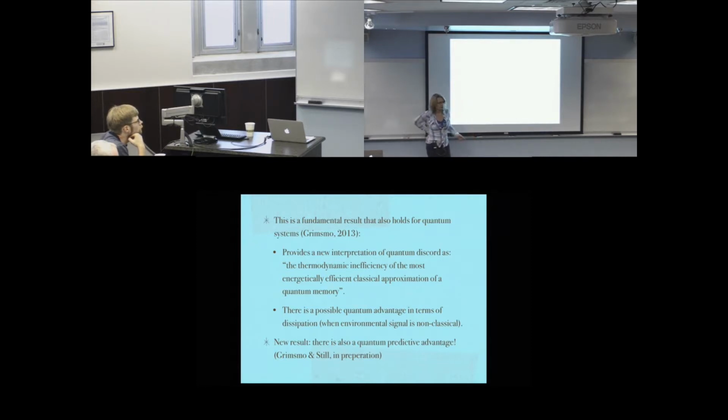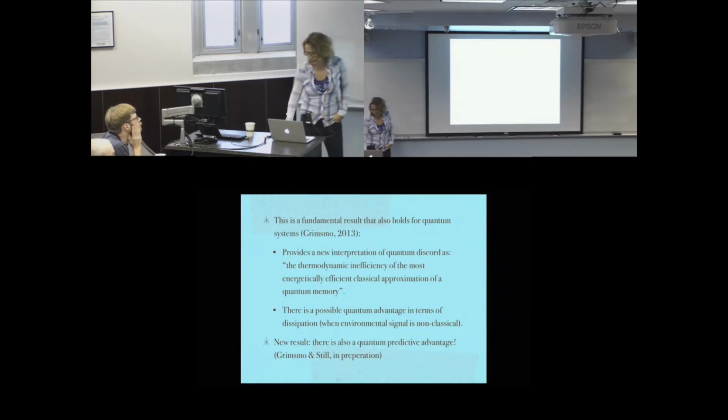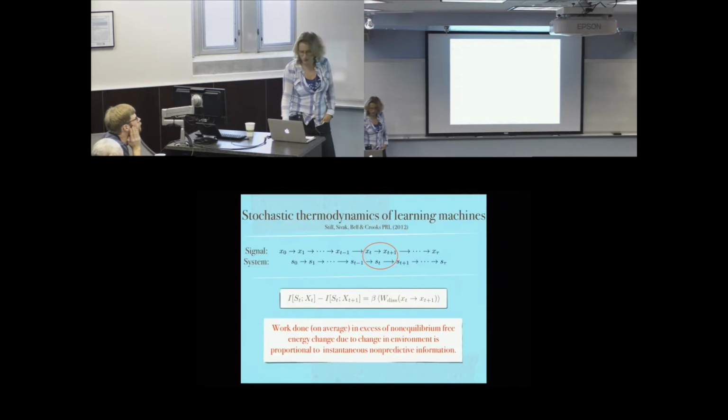But if the signal is quantum, then there is a possible quantum advantage in terms of dissipation. And we've shown recently, in a paper in preparation, that there is also a quantum predictive advantage, but this is only for quantum processes. And we can show that for classical signals, there is no quantum advantage. It's just an aside to convince you that this result is really fundamental.